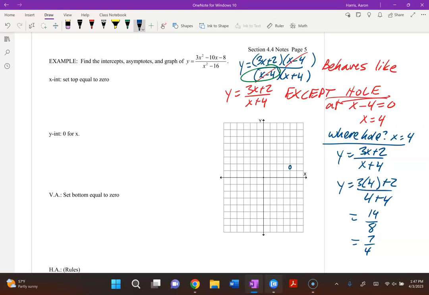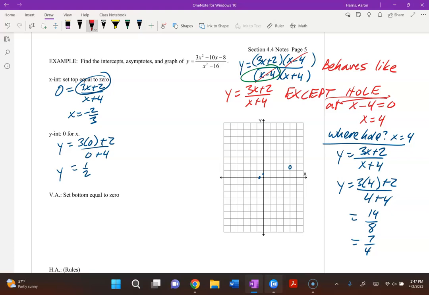And then the rest of this I'm going to do the same. So where's my x-intercept? At (-2/3, 0). Where's my y-intercept? Let me let x be 0. 2/4 or a half, so (0, 1/2).